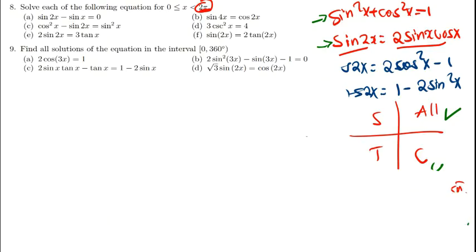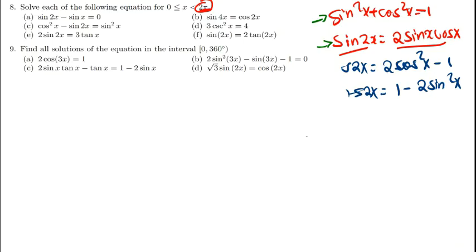Let me go to question 4. Oh, what question 4? Question B. Sin 4x is equal to cos 2x. This is complicated. One thing we have to remember is that sin 4x can be written as sin of 2x plus 2x.